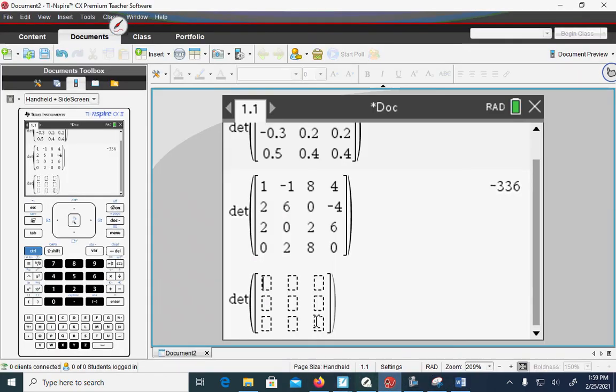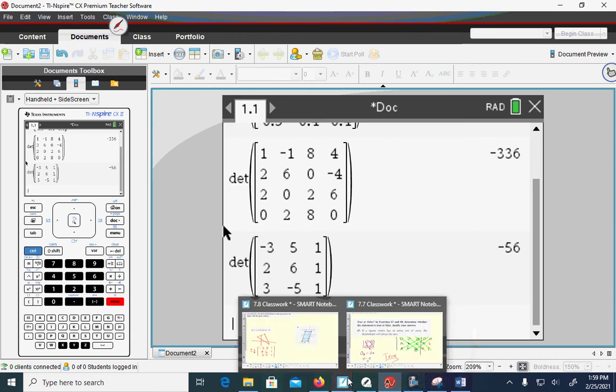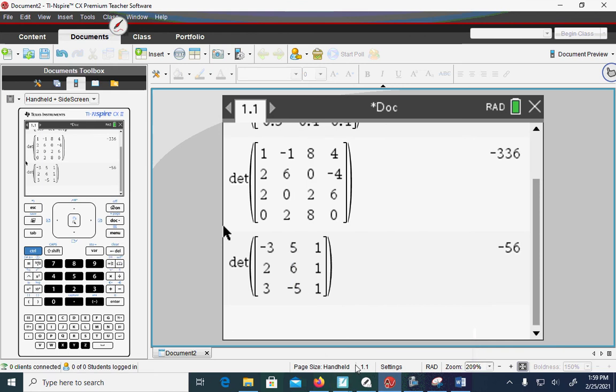So here we go. -3, and it does not matter the order that I do these in. 2, 6, 1. And when I hit enter, I get a -56, which is fine. That's great, actually.